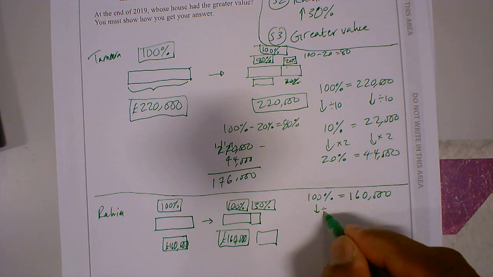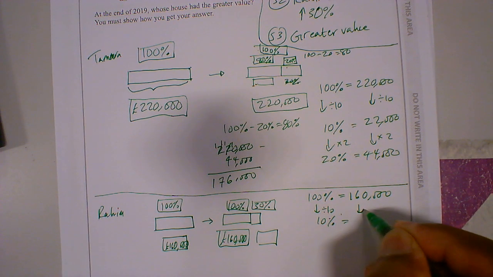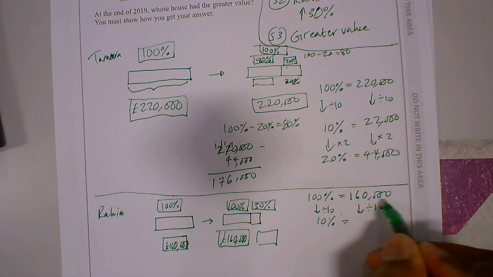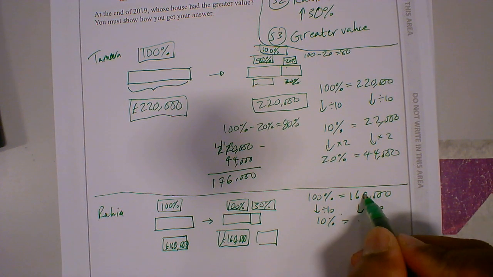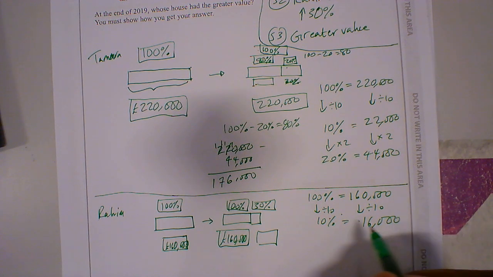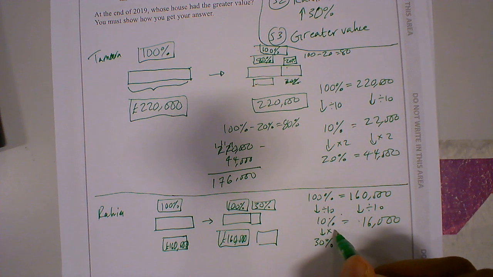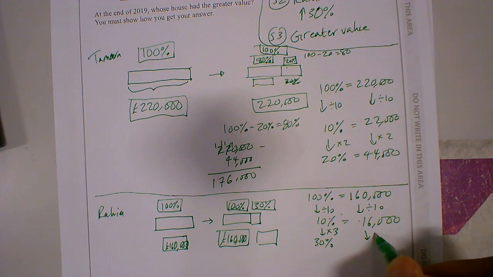Divide by 10 gives me 10%. 160,000 divided by 10. I cancel a 0, so that's 16,000. I want to get to 30%, so I'm going to be multiplying by 3.